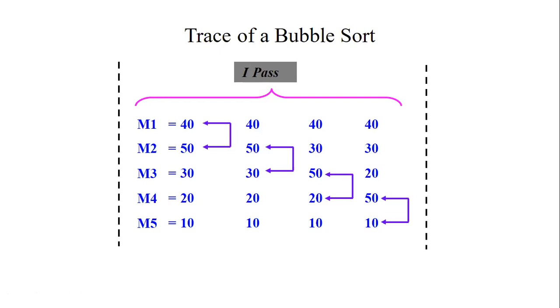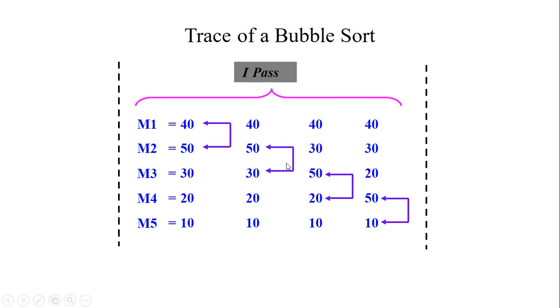Then the control is shifted to memory locations M2 and M3. Now the comparison is performed between 50 and 30. Since 30 is less than 50, the data gets exchanged and the data is rearranged as 40, 30, 50, 20 and 10.